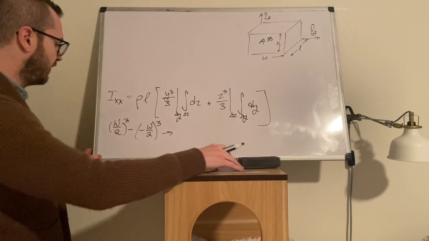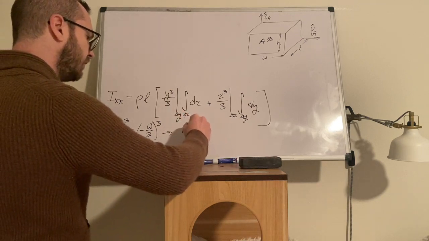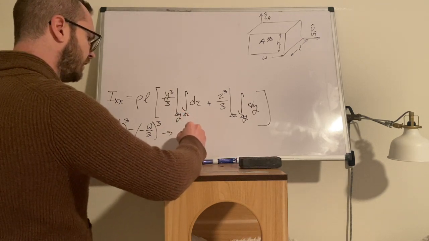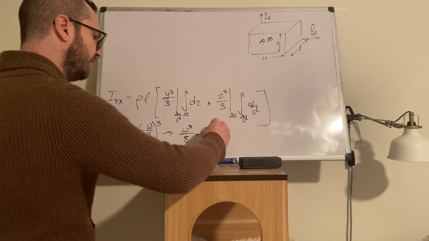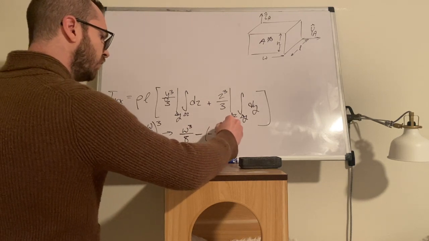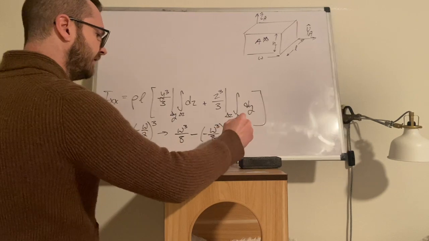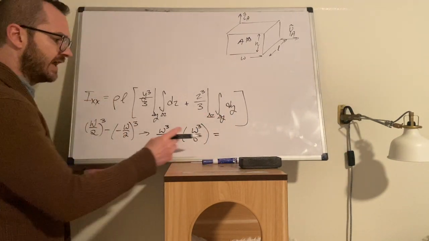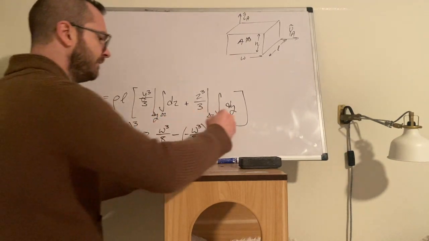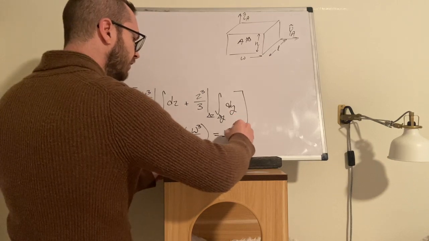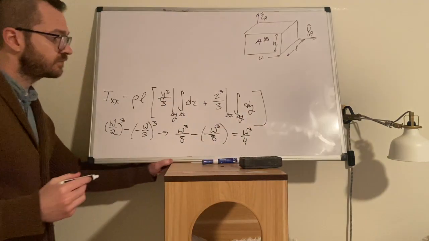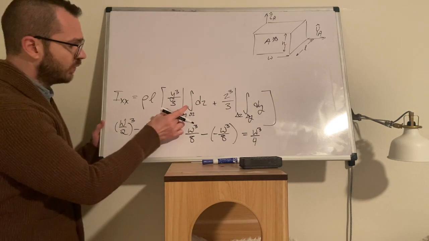Okay, so that is width cubed over 8 minus negative width cubed over 8. And of course, negative with negative makes this positive. These will add, and that is going to make width cubed over 4. So that's what happens when we evaluate this one.